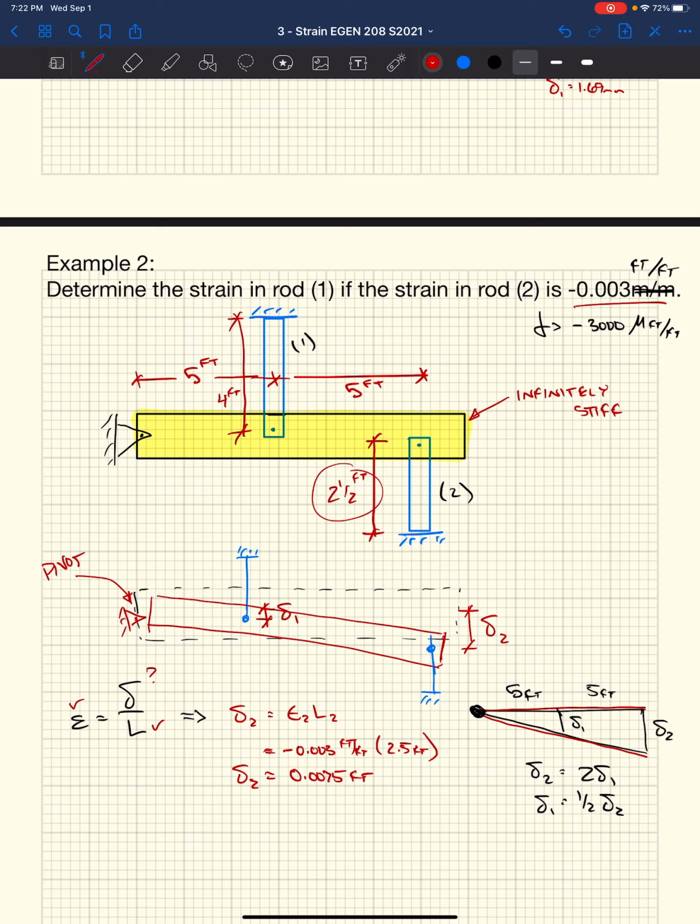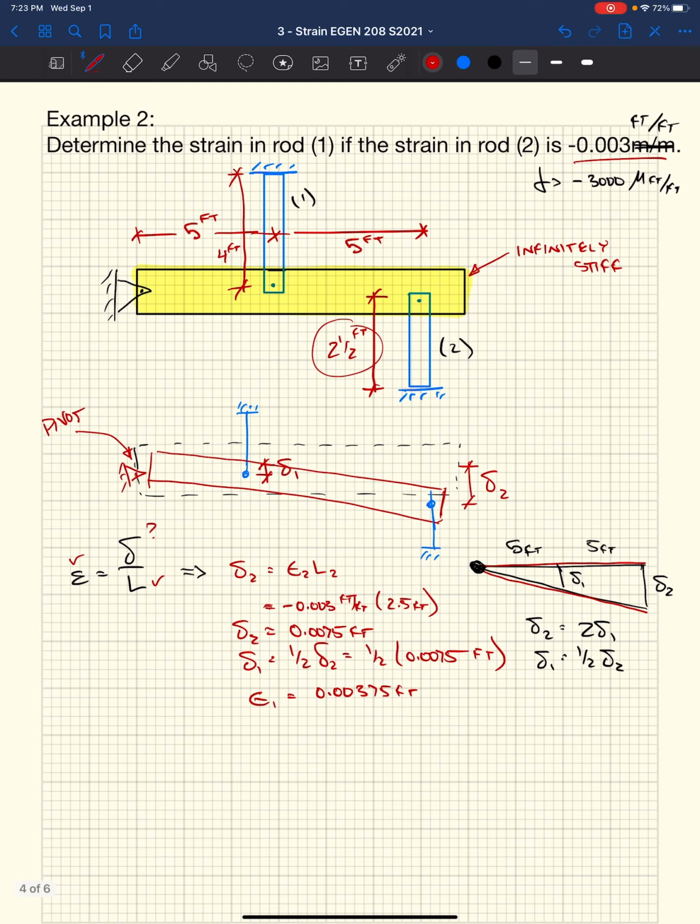So we know that delta 1 equals 1/2 delta 2, or 1/2 of 0.0075 feet, or delta 1 equals 0.00375 feet.